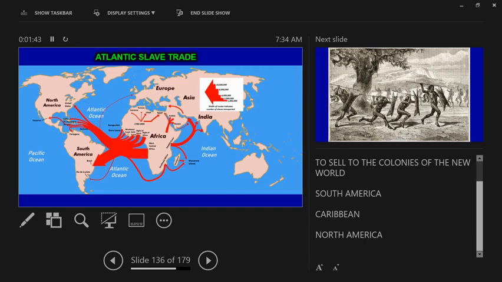We're still talking about giant numbers here, but it was surprising to see how many went to South America, because when I hear about the slave trade, I always think about the South in America, and I've never really considered what was going on in the rest of the New World. So I wonder what kind of history South America has with slaves, because it seems to be spoken about a lot in American history. I wonder how South Americans treat their history.